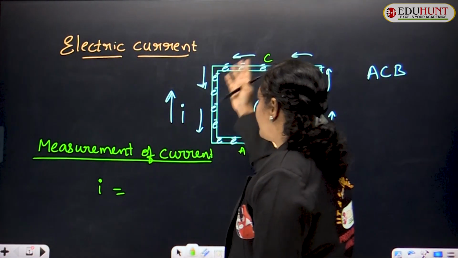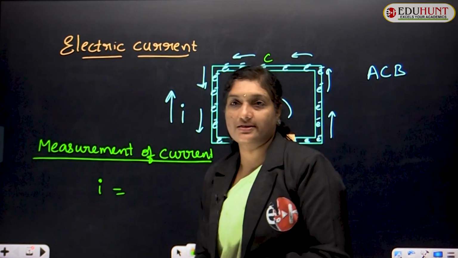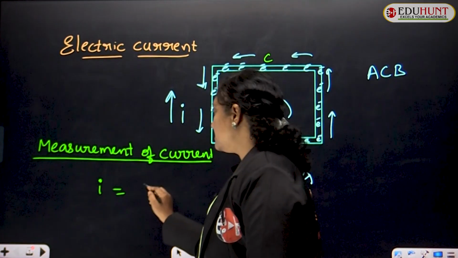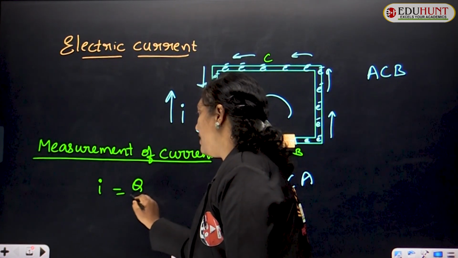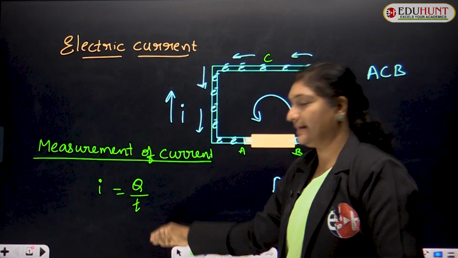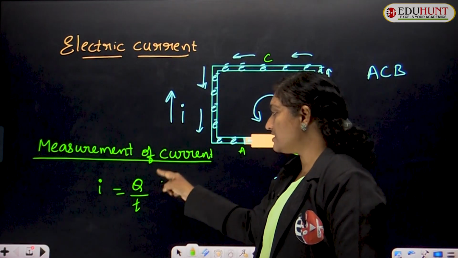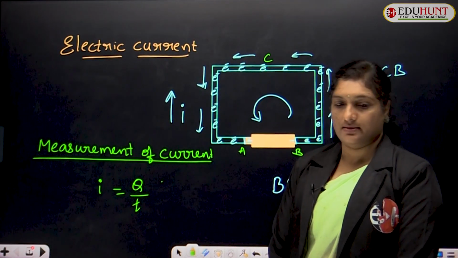The amount of charge flowing per unit time is defined as electric current. Charge, as I told in the beginning, is indicated by Q, whether capital Q or small q, upon time. The flow of charge per unit time constitutes your electric current.